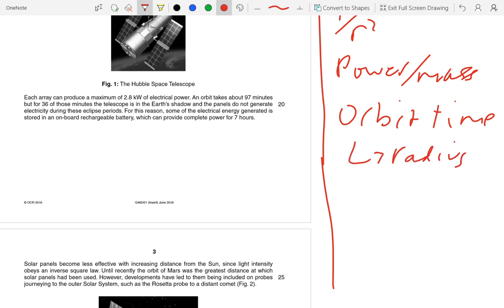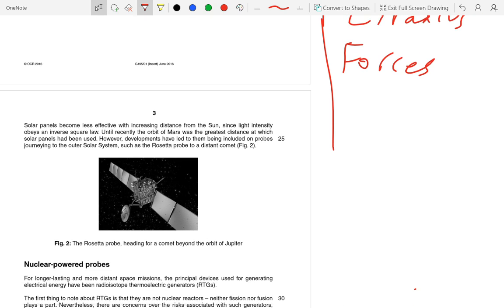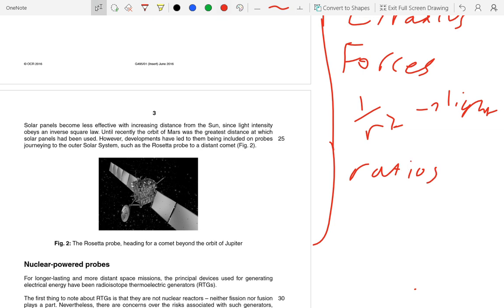This means we need to know orbital forces. And then inverse square law is this section, and to do with light intensity, and working out ratios and things like that. So that'll generally be what the first section is.